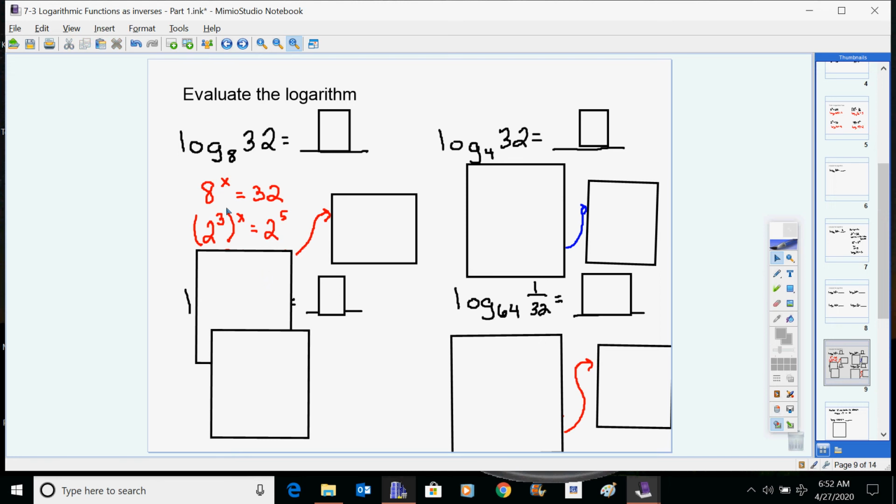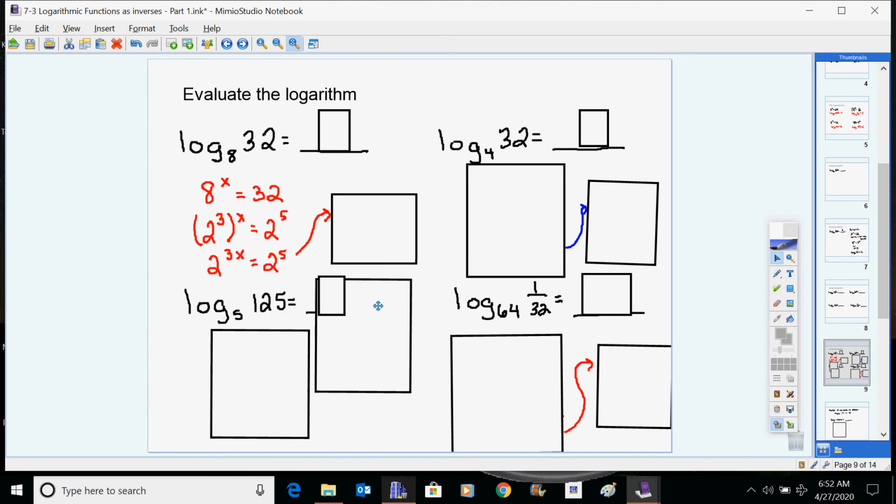So here we have 2 to the 3rd power, which is 8, to the x power equals 2 to the 5th power. If you remember your power to a power rule, it applies even when you have an exponent. So 2 to the 3rd to the x power is 2 to the 3x power. Now we have like bases.